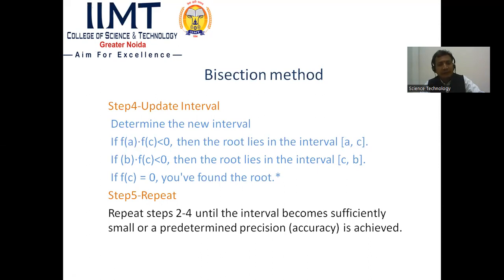And if second condition satisfied, we will say the root lies between the interval c to b. Then we will repeat step number 2 to 4 until interval become sufficiently small or achieve the predetermined accuracy.